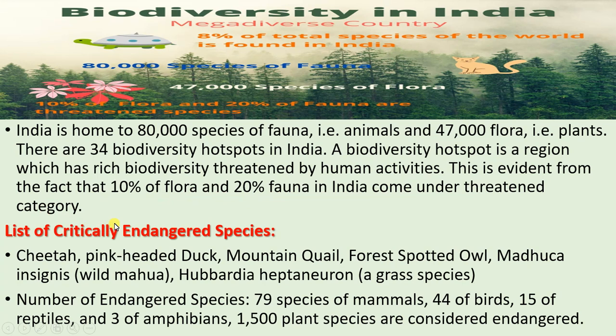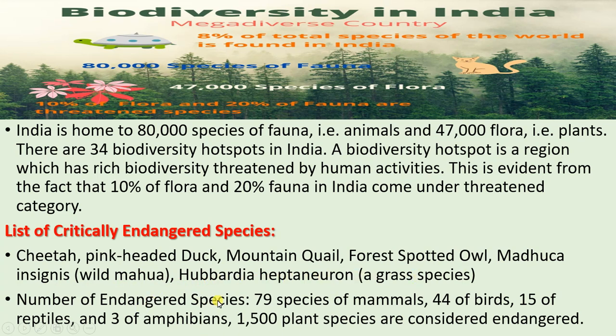So the list of critically endangered species can be seen here: cheetah, pink-headed duck, mountain quail, forest spotted owl, Madhuca insignis, that is wild mahua, and Hubbardia heptaneuron, a grass species.